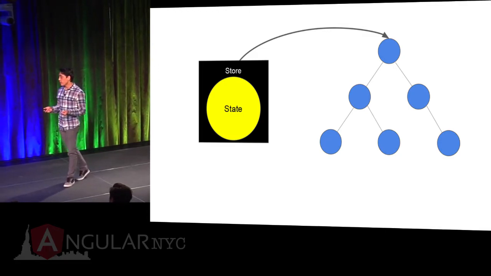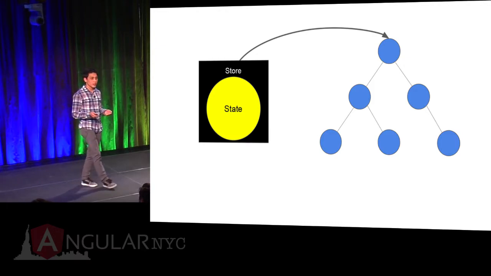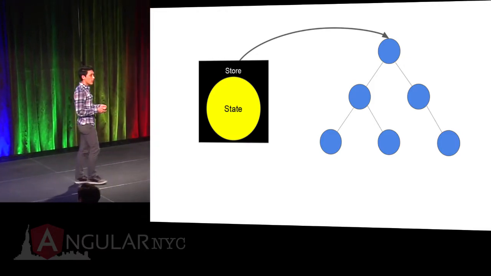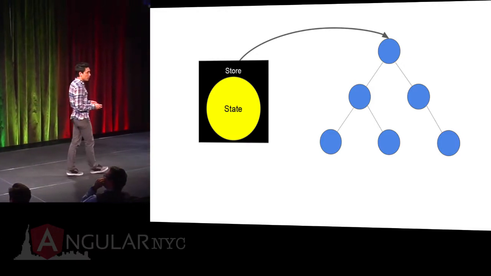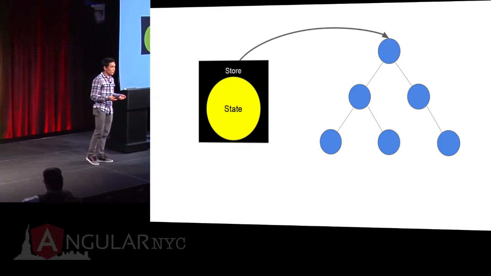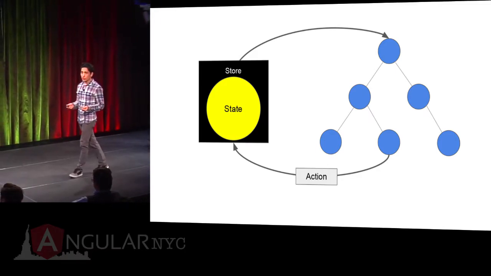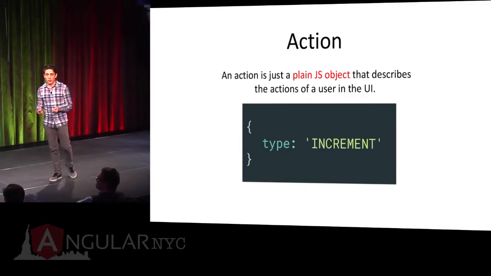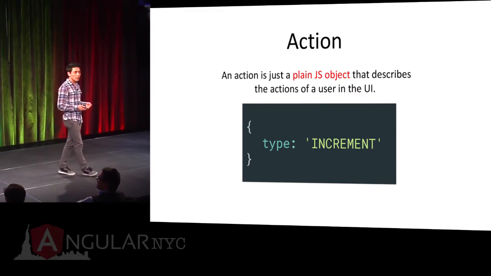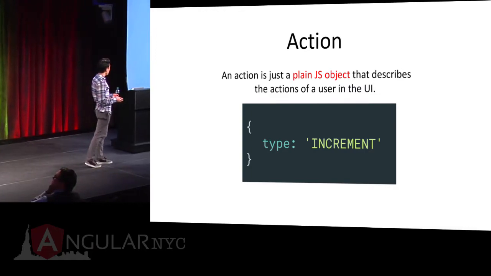The answer is that even though components cannot mutate the state, they can tell the store how to mutate it. And they do it by sending sort of a message to the store, which we call an action. An action is just a plain JavaScript object with a required type property where we describe what needs to be changed.